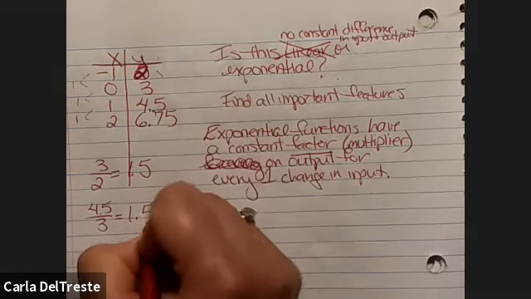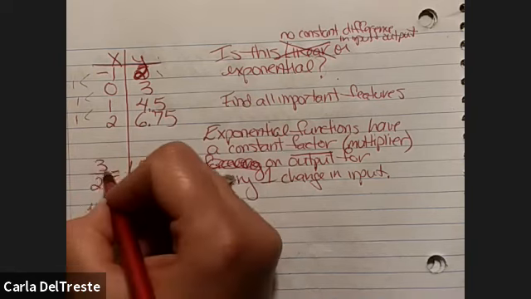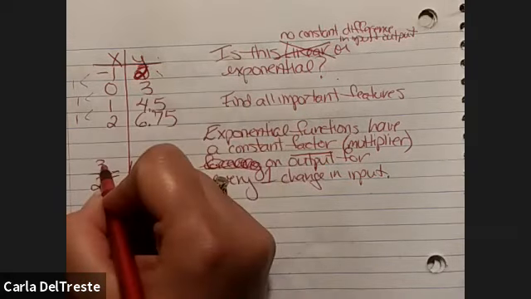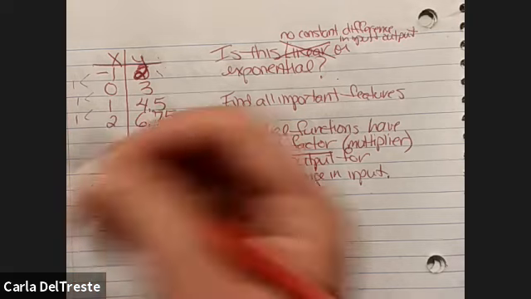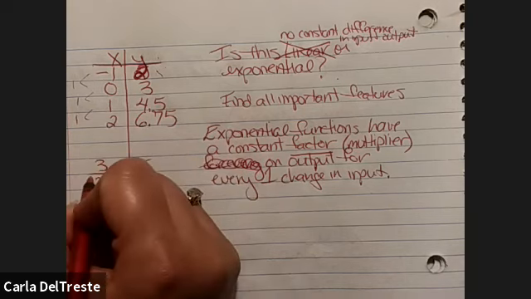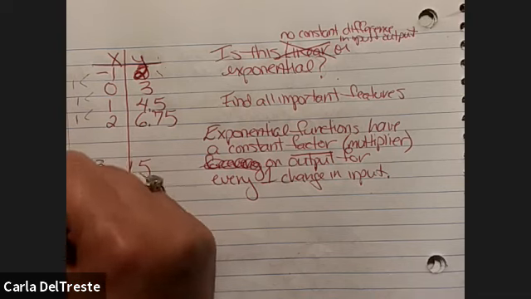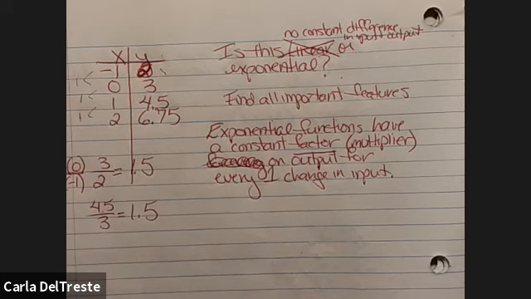I get 1.5. And you can do this with the aid of your calculator. That's where I'm getting this 3 and this 2 from. We're going to learn function notation in a later video, but basically I'm evaluating always 1 more x divided by 1 less x.